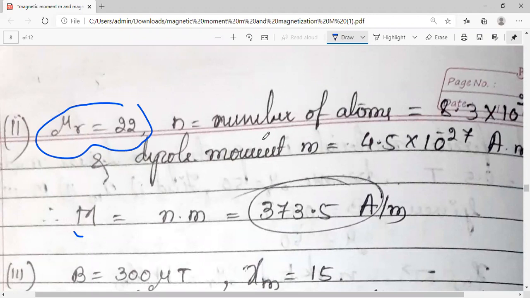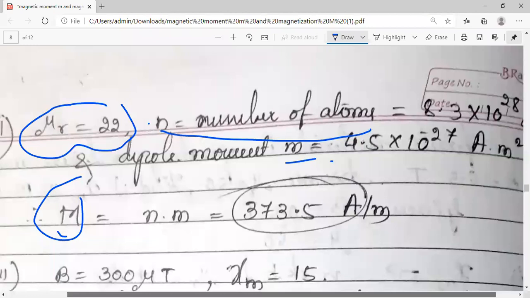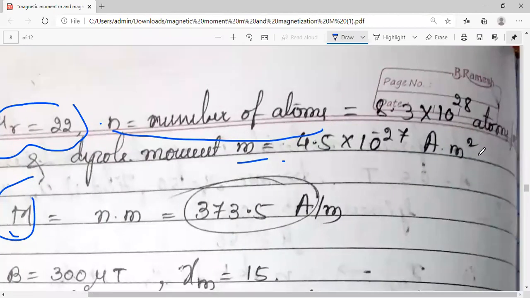So n number of atoms are there, that is 8.3 into 10 raised to 28, and m dipole moments, so n into m will give you the magnetization. Second one is just the multiplication. You may ask where is volume; it is per meter cube in the given data.